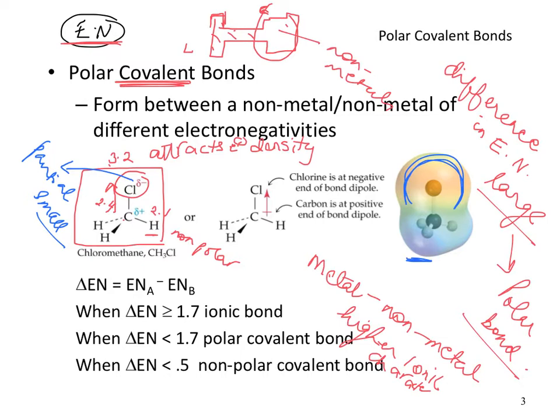How else can we depict this? We can depict that using this arrow which is pointing towards chlorine. So the base of the arrow is at carbon, the arrowhead is at chlorine, and that basically tells you that chlorine is the negative end of what is called the bond dipole. So if somebody asks you, is chloromethane polar?